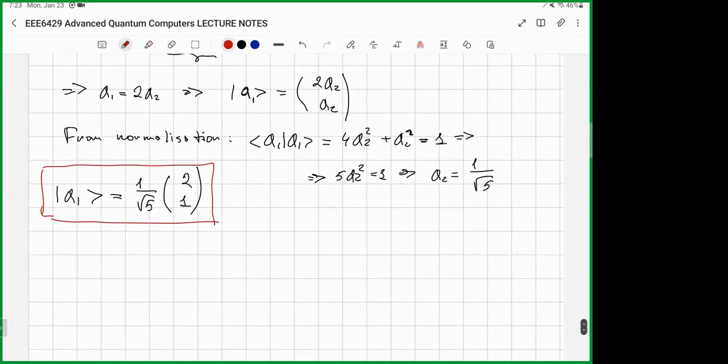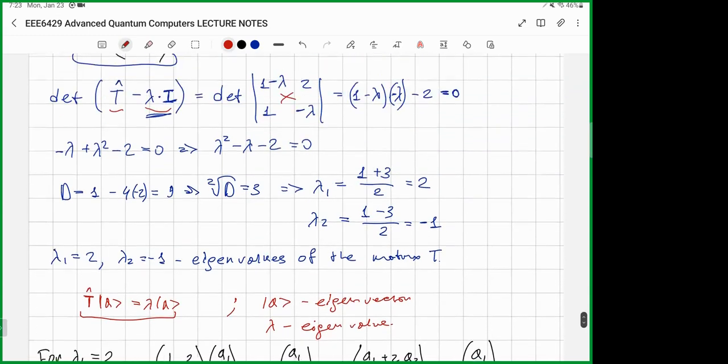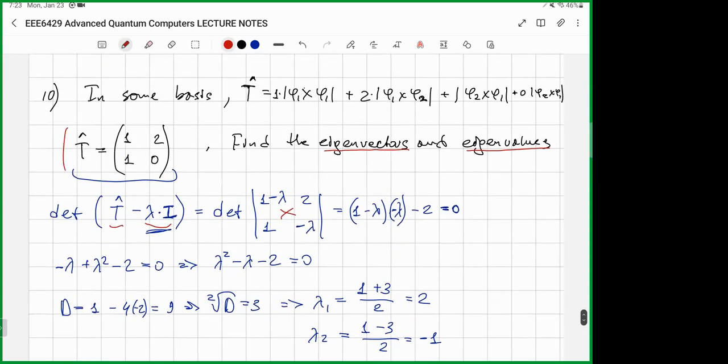Eigenvector. Again, for a given matrix, this one, written in some basis, presented here with these components, when I act with this matrix on any vector from my space, I get, in the general case, another vector.